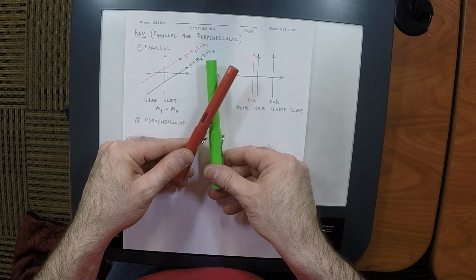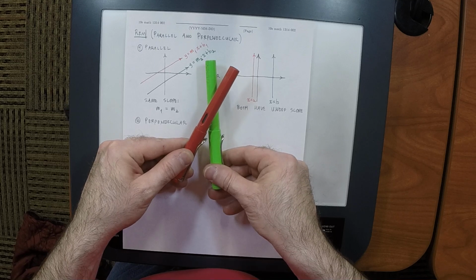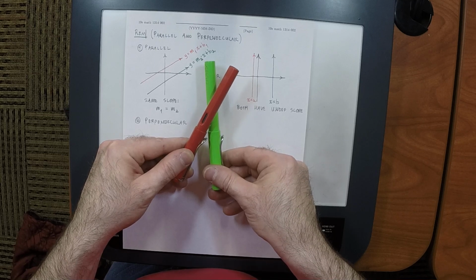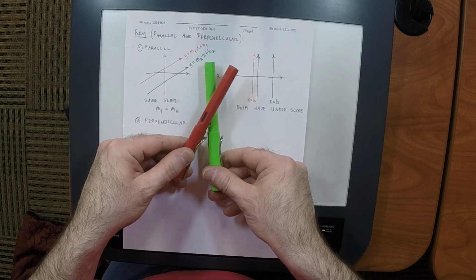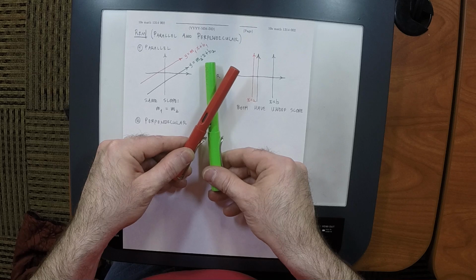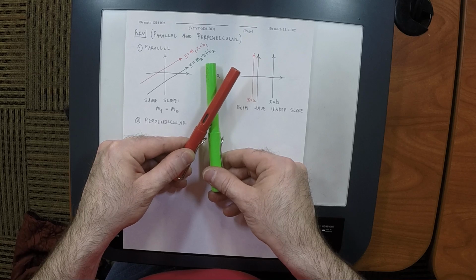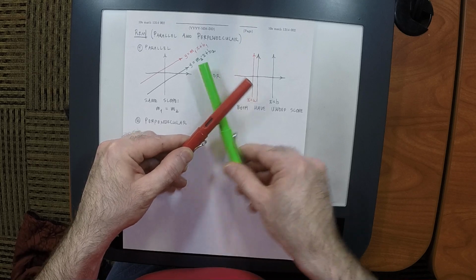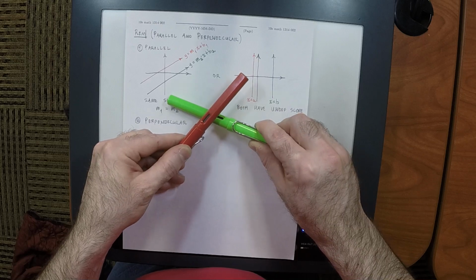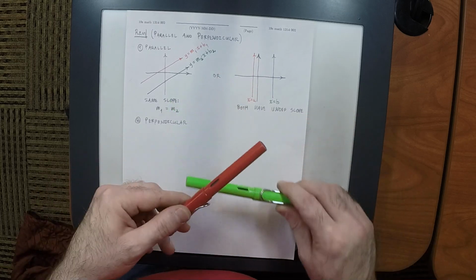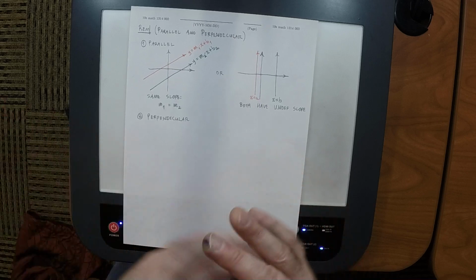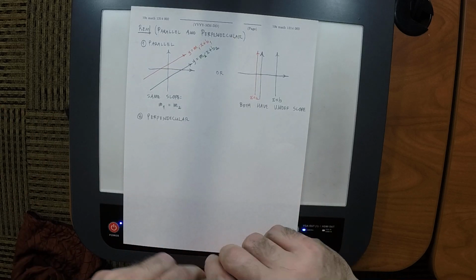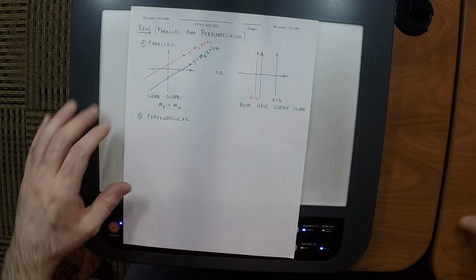Because they're crossing. But these are not perpendicular. So for perpendicular, we want them to cross, but we want the angle of the crossing to be as marked as possible. And so we want the angle to be a right angle. That's what perpendicular is going to mean. It means that they have to cross somewhere, and moreover, that crossing is at a right angle.